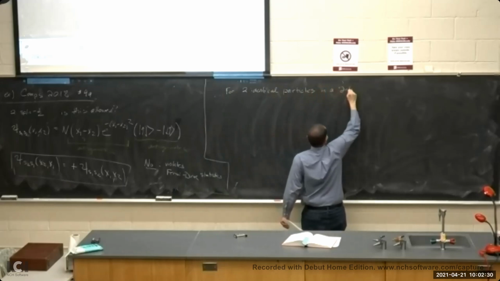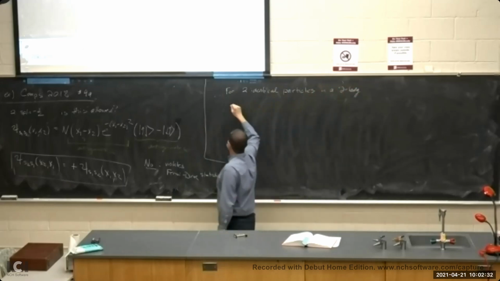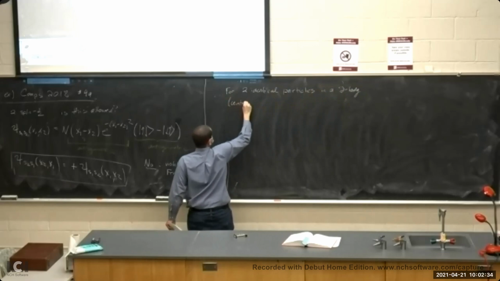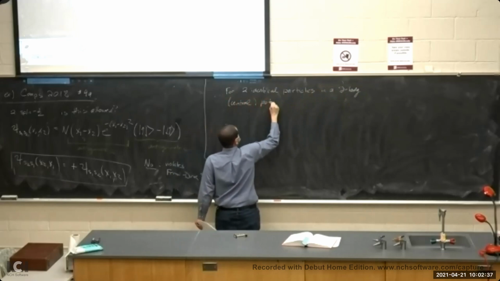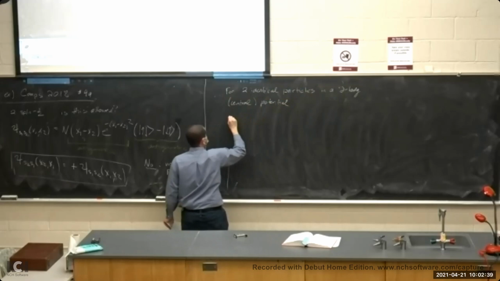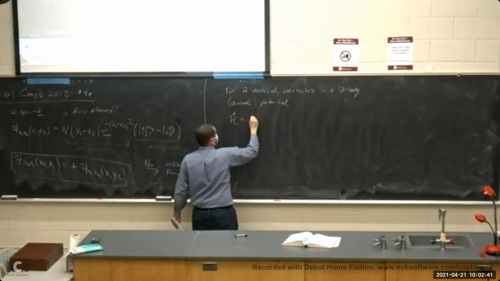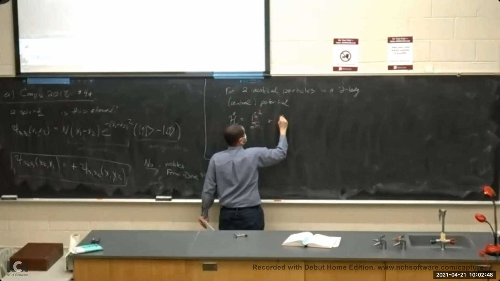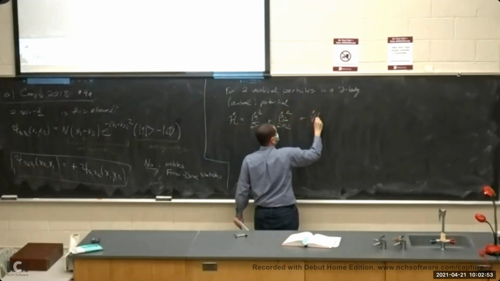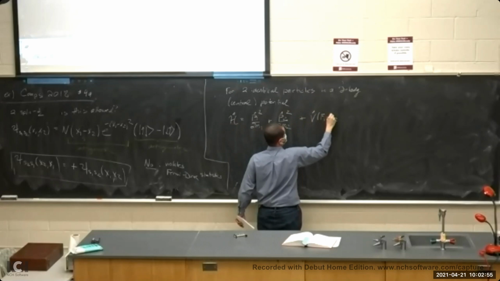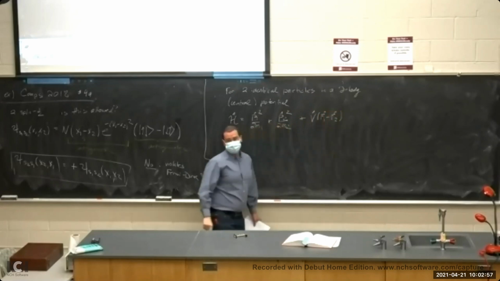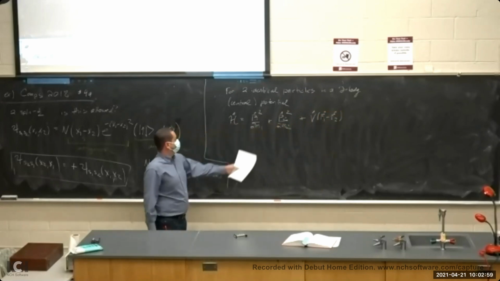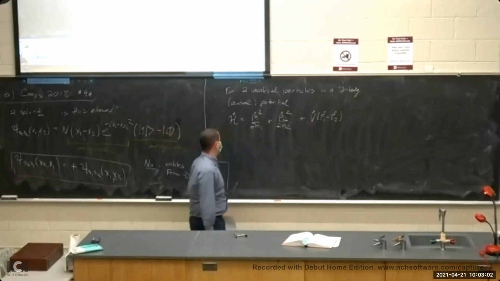I have something like the Hamiltonian is P1 squared over 2M1 plus P2 squared over 2M2 plus some potential that depends on R1 minus R2. I don't care whether it's spherically symmetric or not. All I care about is that it only depends on the difference R1 minus R2.